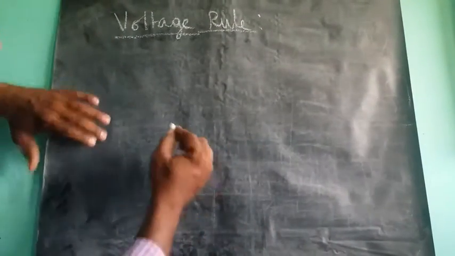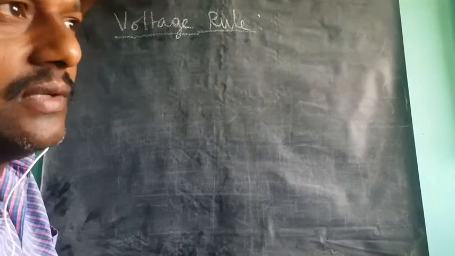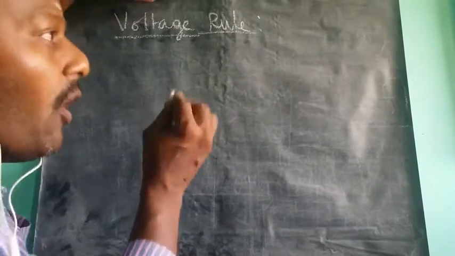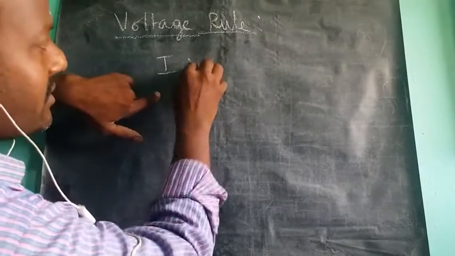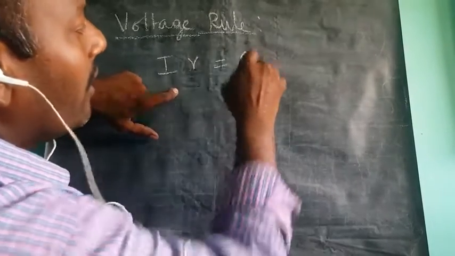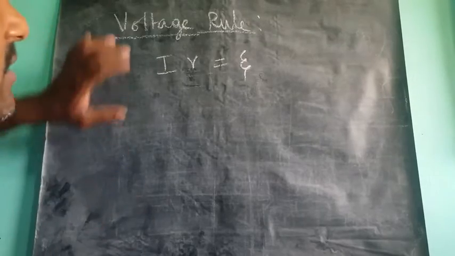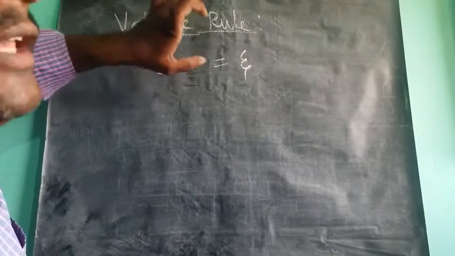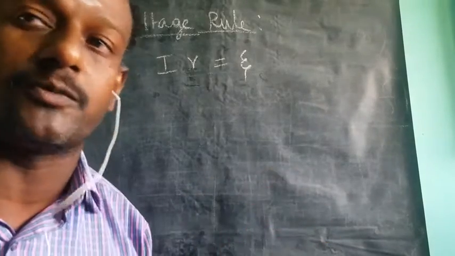In a closed circuit, the product of current and resistance is equal to the EMF of the circuit. In a closed circuit, the product of current and resistance will be equal to the algebraic sum of the EMF.